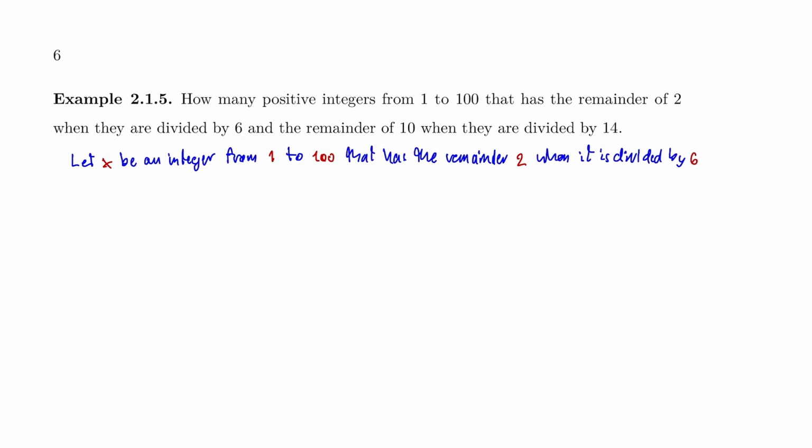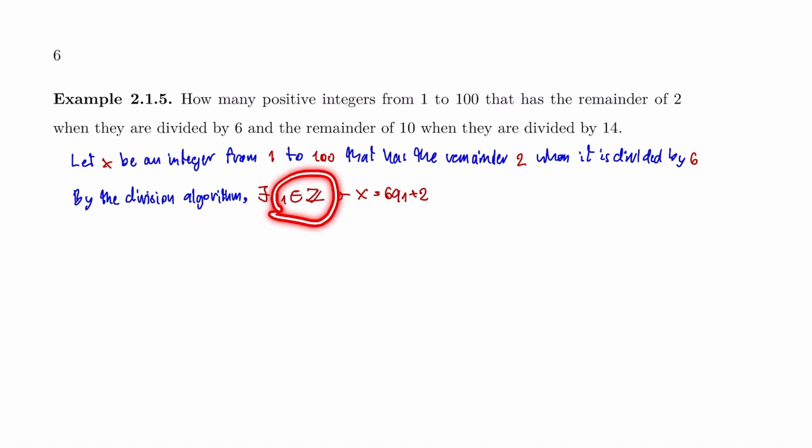By the division algorithm, what do we have? There exists q1, which is an integer, such that x equals 6q1 plus 2. Actually q1 must be a non-negative integer because x is an integer from 1 to 100.